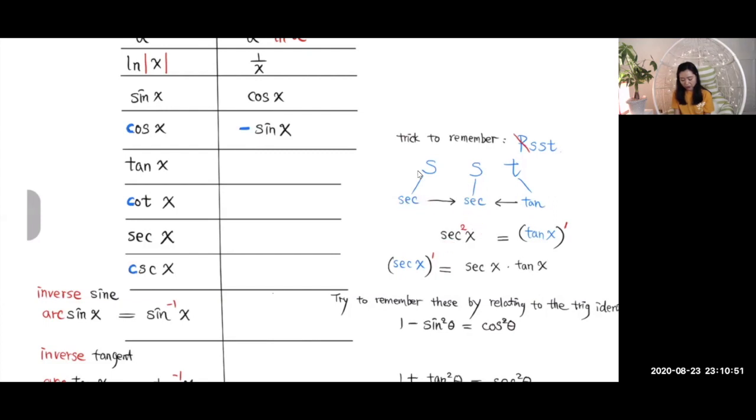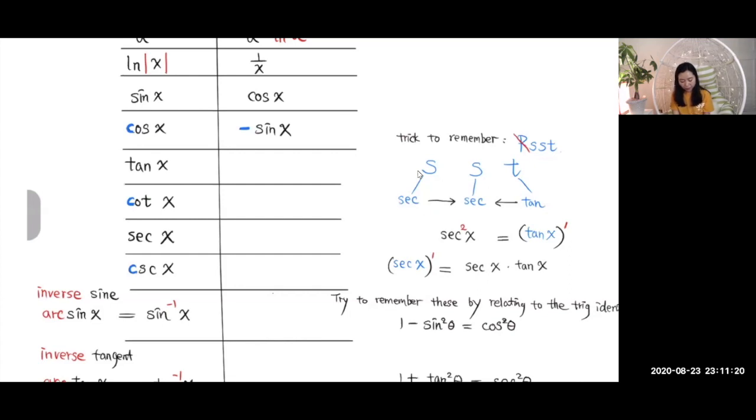And when you take the duality of secant, that will be secant times tangent. Using this trick, you're able to remember the duality for tangent and also the duality for secant. So that's the trick.